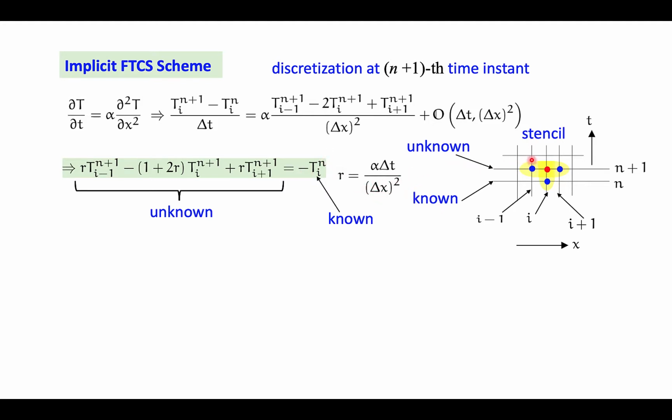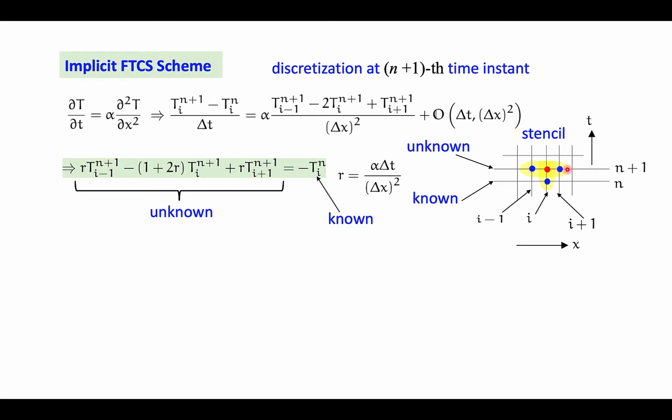If we look at the stencil here, let's say this line represents the nth time level. Then as I go from n to n plus 1th time level, this n plus 1th time level is totally unknown. This red point is of course the i point, and on the left side we have i minus 1, on the right side we have i plus 1.